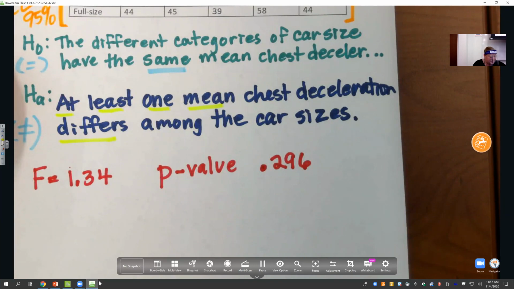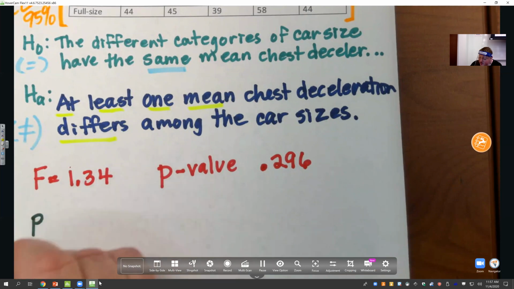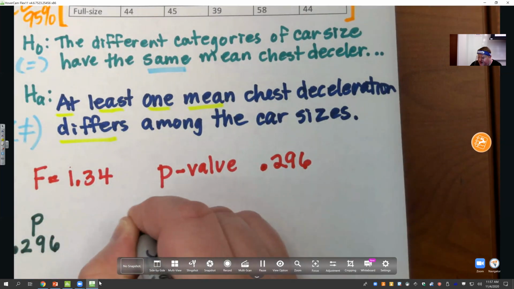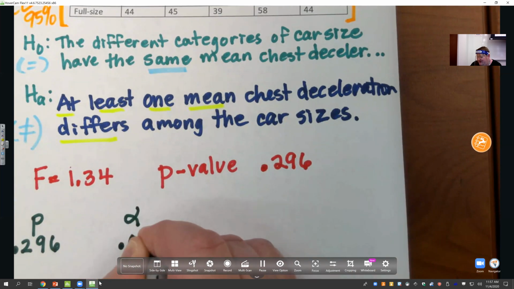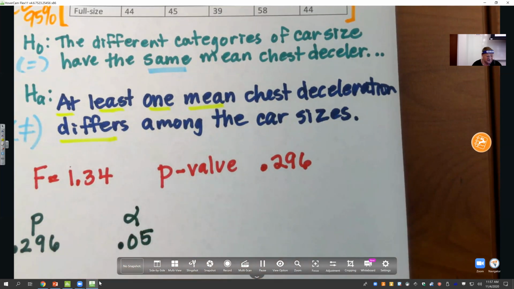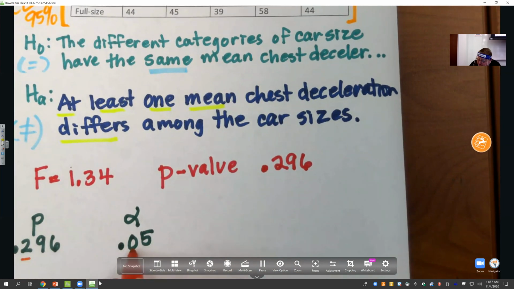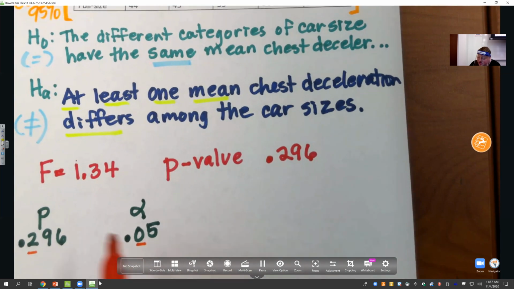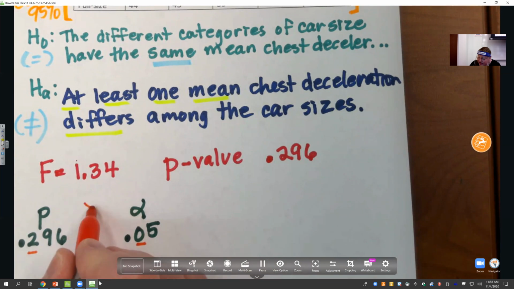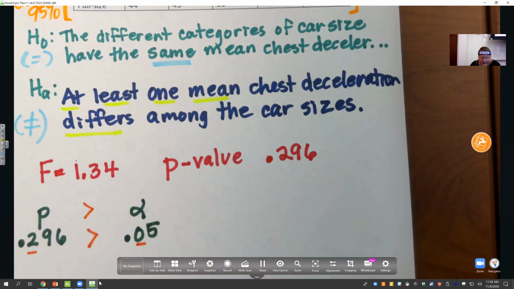Then I'm going to compare P to alpha. P from Minitab is 0.296. Alpha is 0.05. So I'm going to compare it digit for digit. 2 compared to 0. 2 is greater than 0. So P is greater than alpha.